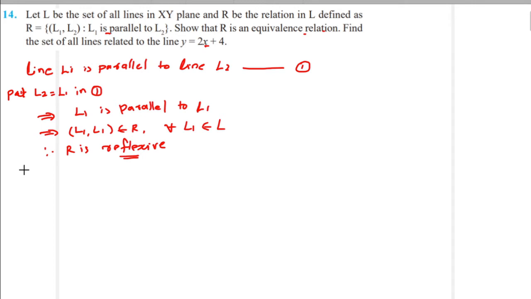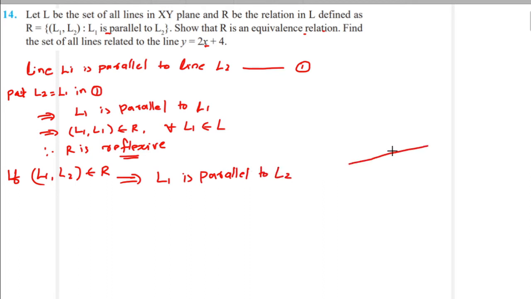Next you have to show R is symmetric. So if (L1, L2) belongs to R, this implies line L1 is parallel to L2. Suppose you take this line L1 and this line L2 parallel to it.